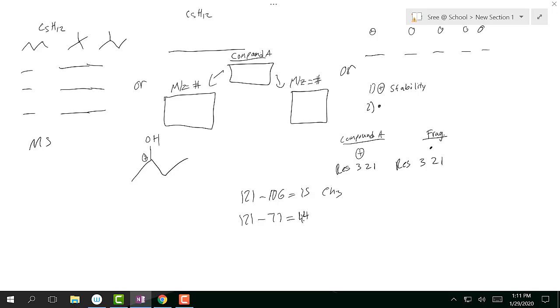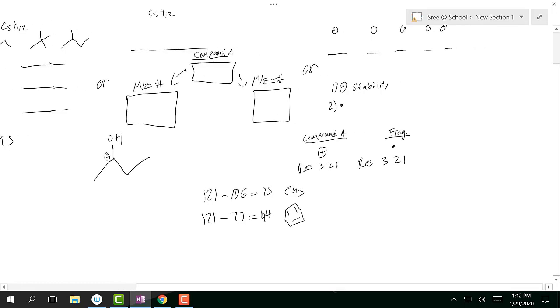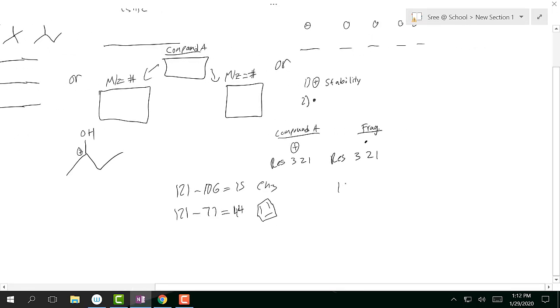Yeah, benzene ring. Okay. So these are certain things that you should probably know: 15, 29, 43, and 57. These are your methyl, ethyl, propyl, and butyl.